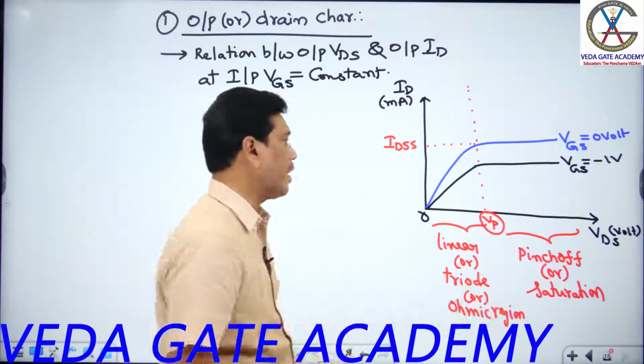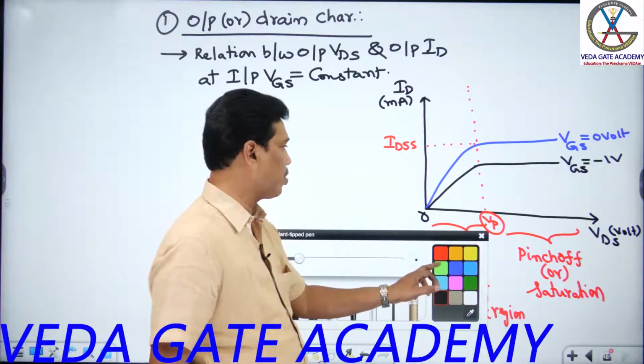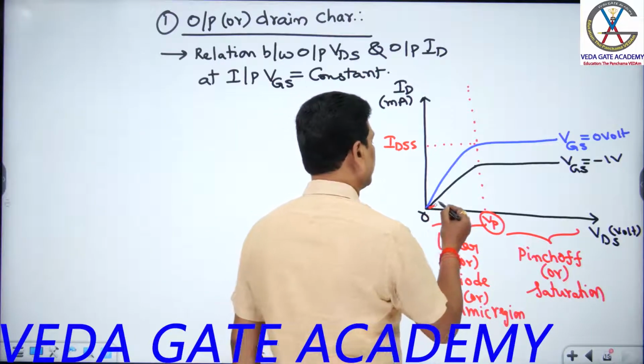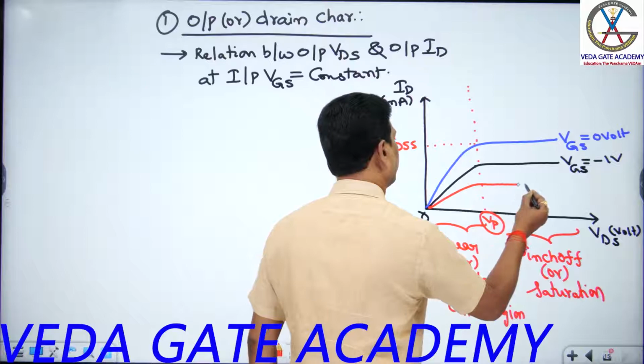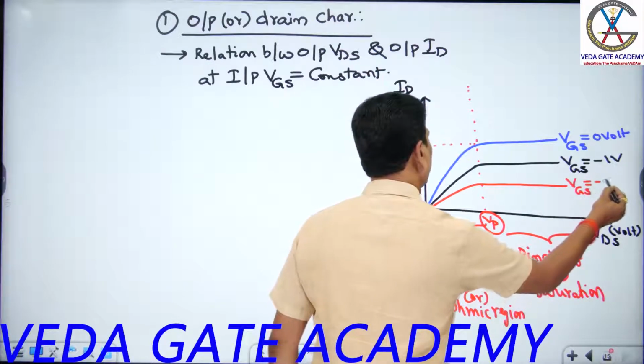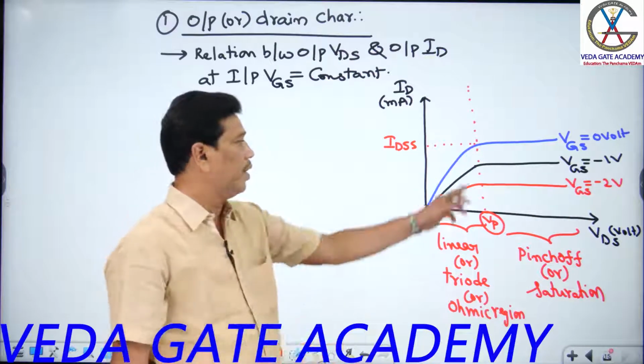If I continue this for another gate voltage, students, see this one now. VGS equal to minus 2 volt. With increasing reverse bias gate voltage, the height reduces because the channel width decreases.